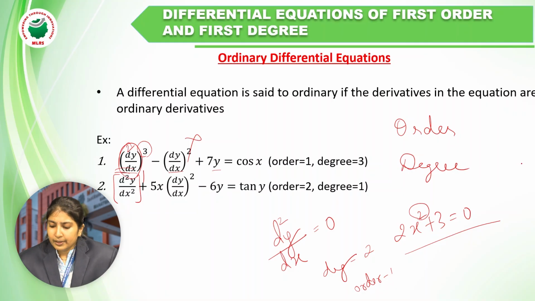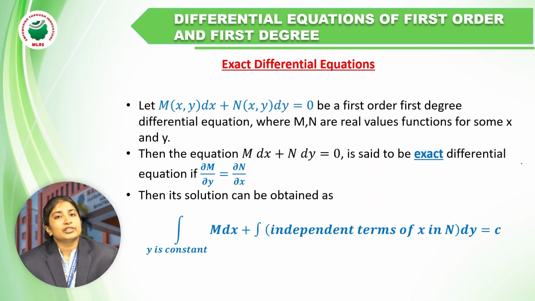Now why do we want to discuss the exact differential equation? We start from the basics of ordinary differential equations, then partial differential equations, then we learn exact differential equations. As you have seen in this slide, the equation M of x,y dx plus N of x,y dy equal to 0 is a first order, first degree differential equation where M and N are real valued functions of x and y.